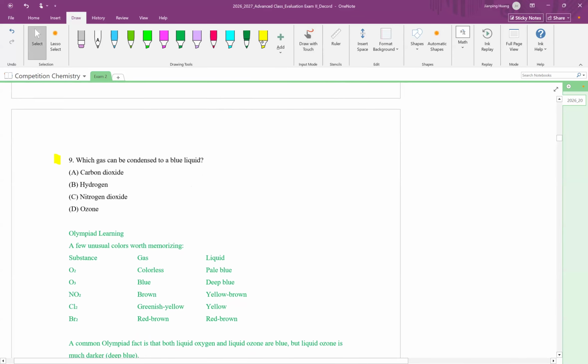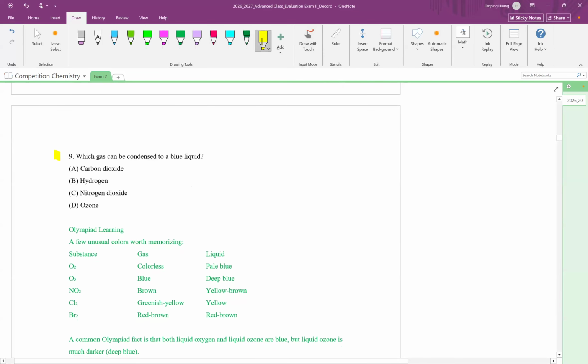Let's look here. Which gas can be condensed to the blue liquid? Of course, there's no way. That's the only choice. This one, carbon dioxide, is a colorless liquid, colorless solid.